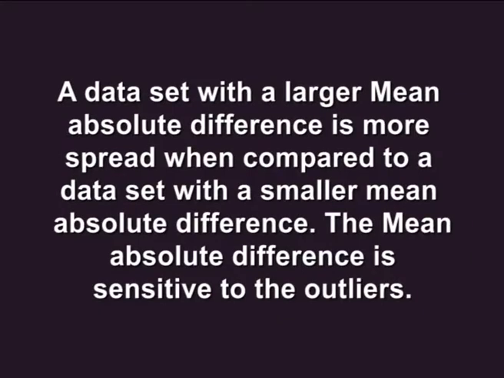So what does this measure of dispersion tell about spread? A data set with larger mean absolute difference is more spread when compared to a data set with a smaller mean absolute difference. The mean absolute difference is sensitive to the outliers.